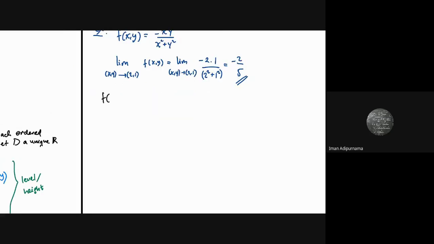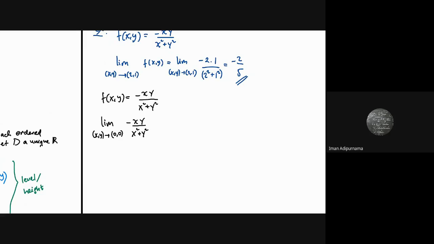But let's see our same equation, and the limit is changed to (0, 0). Now, if we are taking all the 0 into our equation here, how are we going to solve this?